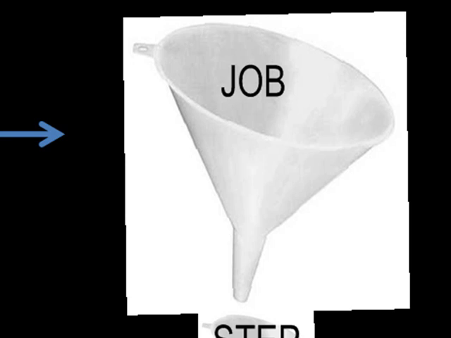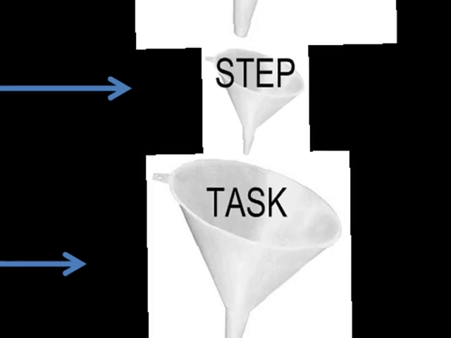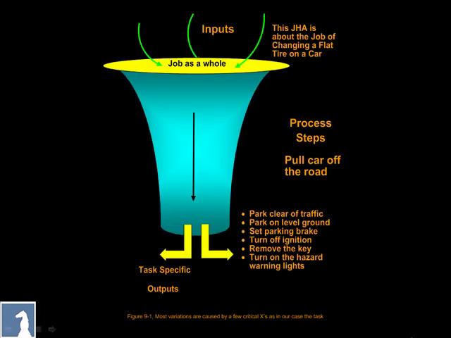At the top of this funnel, you have a large amount of information. As the job is analyzed, the job description is filtered into manageable subsets of steps. These steps are then analyzed for finer elements with specific tasks identified as necessary to complete each step. A second way of looking at the funnel is that the job as a whole has a number of inputs required.